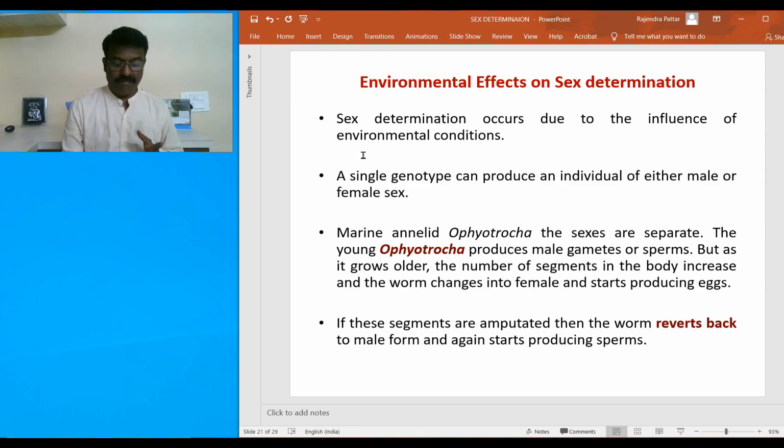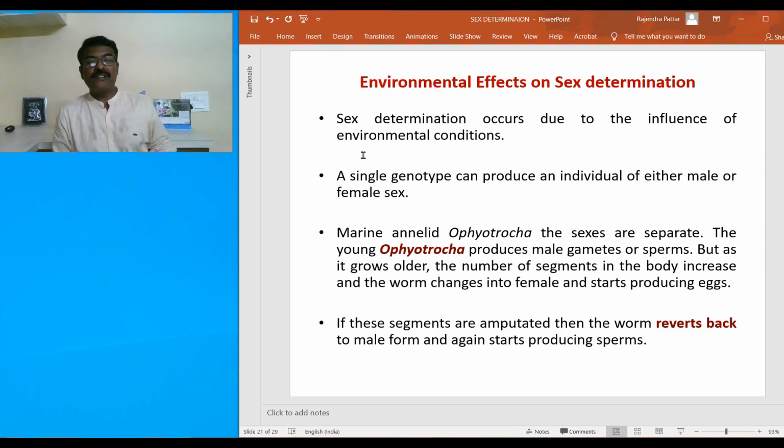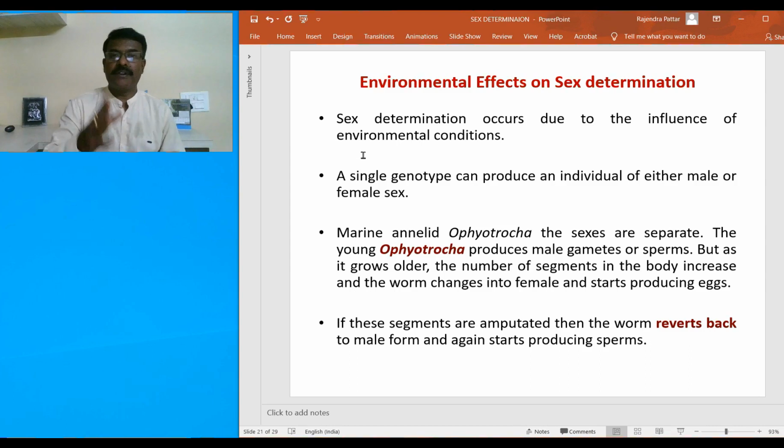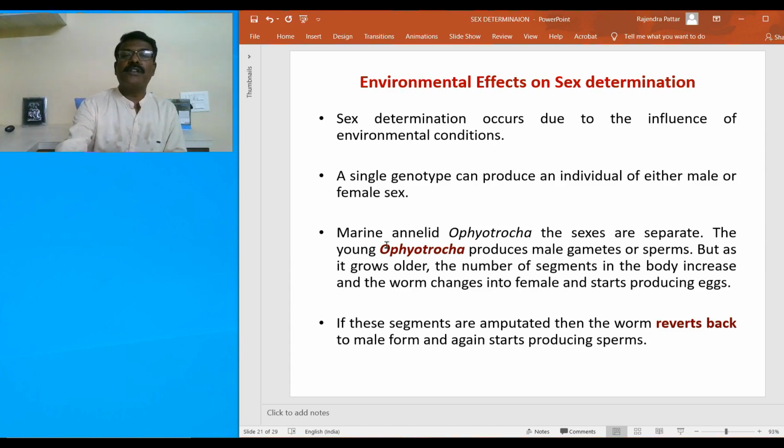Even by referring to the case of the COVID-19 virus, nature is supreme. Nature has proved that it is the supreme power in regulating, in limiting the population of living species. That's why nature is a limiting factor itself as a superpower. However, coming to the concept title, that is the effect of environmental factors on determining the sex of the individual. Okay, and let me take the examples one by one.